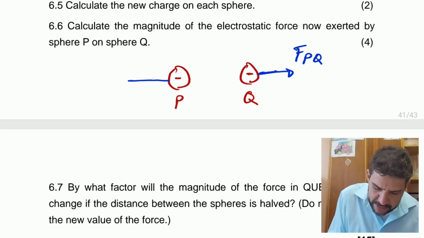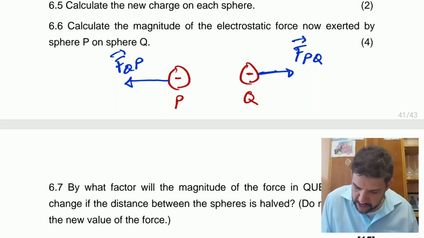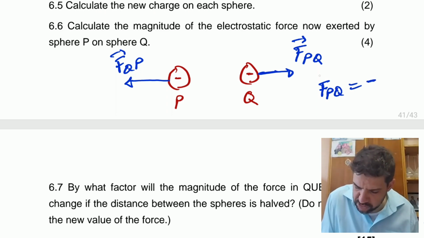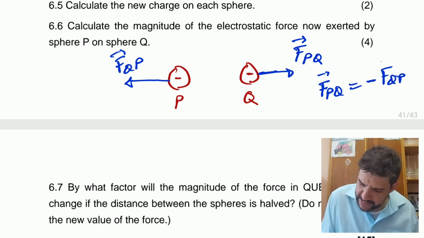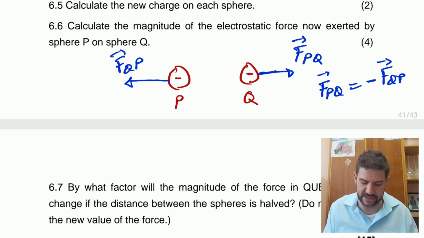This one here is force Q on P. And this one is an action-reaction pair. So you need to know that F PQ is equal in magnitude, opposite in direction, to F QP. They are equal in magnitude, opposite in direction. The question asked for P on Q, so it's to the right if the direction was asked, but was not the case. This is repelling forces.